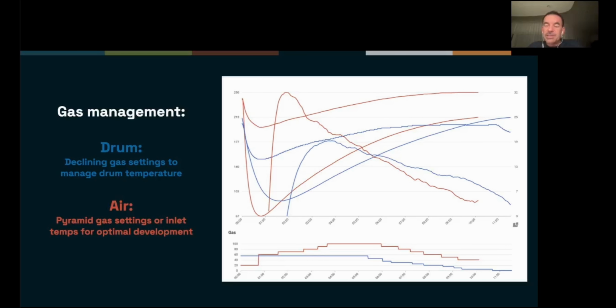And usually I would say keep a very high gas setting during the middle third of the roast, and maybe begin lowering the gas about 10 or 15 degrees Celsius, or about 20 or 30 degrees Fahrenheit of bean temperature before first crack begins. So the idea here is that using higher gas settings in the middle of the roast will help make sure that your ROR is high enough entering first crack to ensure good development.